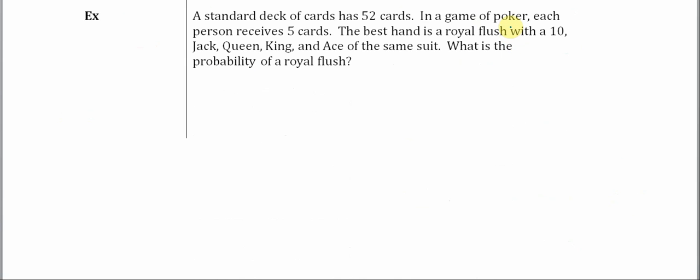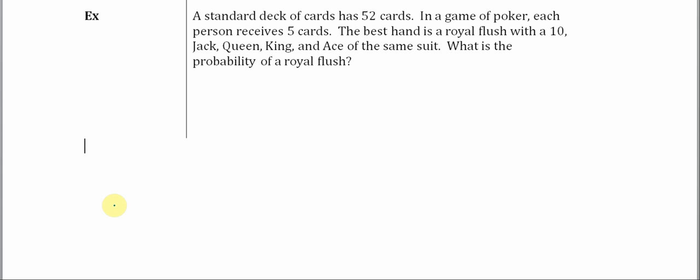You have a standard deck of cards that has 52 cards. I'll post a link here so you can see all of the cards and the configurations. There are 13 values, from 2 to 10, and then Jack, Queen, King, and Ace. Some of you know this all too well, and some of you are new to this.